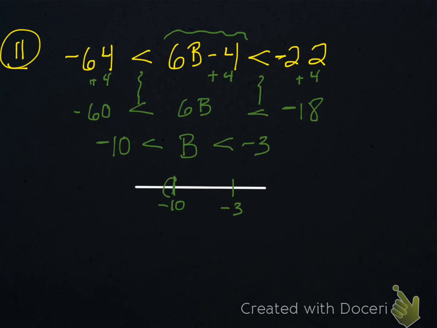No, they do not. So they both get open dots. And because b is in the middle, I shade in the middle. Alright, so we're going to go from negative 10 to negative 3, and they both get parentheses.